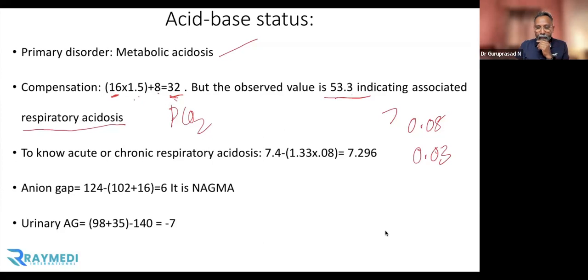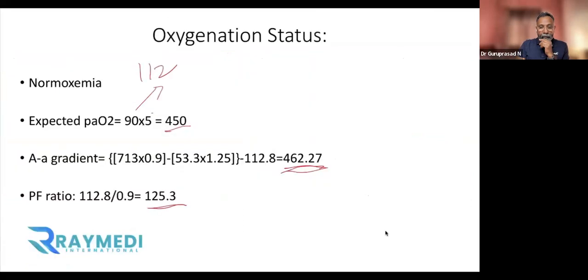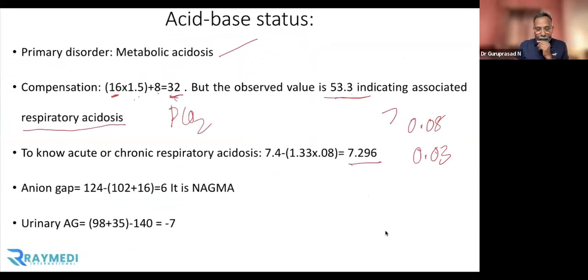Here the expected pH was 7.29, and in the example it is 7.08. Because it is 7.08, you should think there is another additional cause for acidosis. So probably that is a metabolic acidosis here.